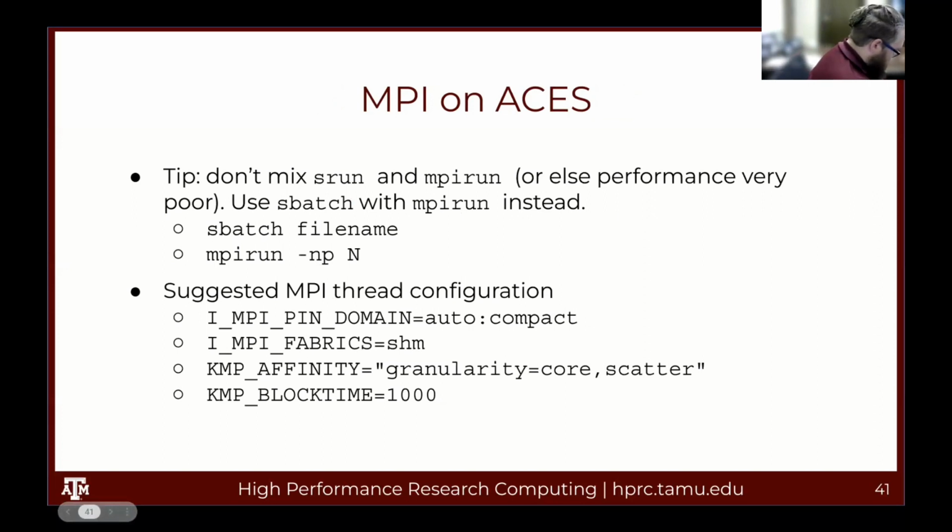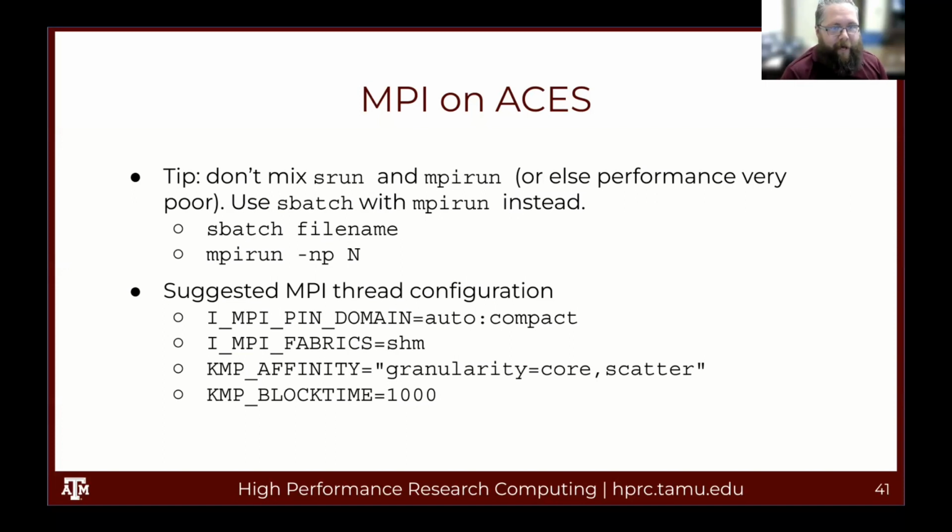Because I said that this build of LAMMPS distributes work between the CPUs and the GPUs, that means we will be using MPI as the layer for communicating among the CPUs. I've discovered that MPI doesn't play so well with srun.